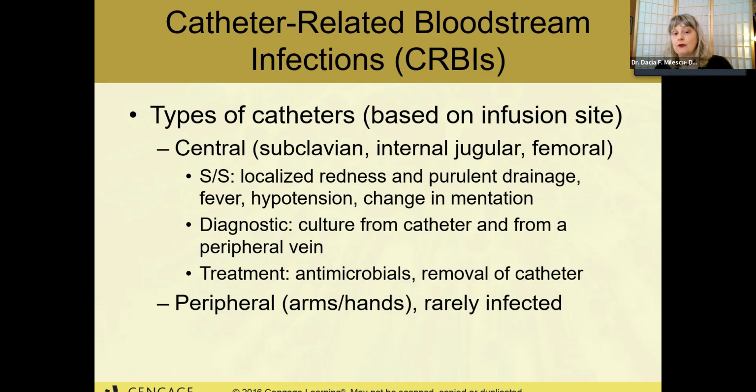So obviously, you're going to have to remove the catheter, all right? Remove the catheter and place the patient on antibiotics. Now, peripherally, it can happen in the arms and the legs, but it is quite rare, okay? Quite rare. It is more common in central areas, the central lines.